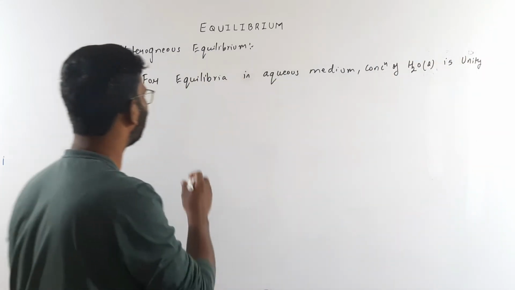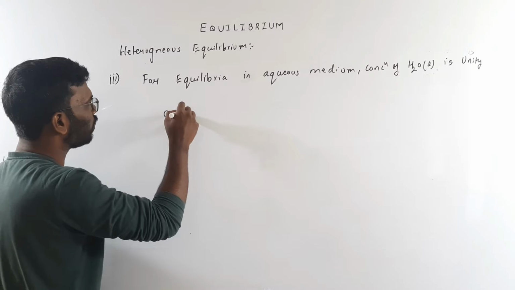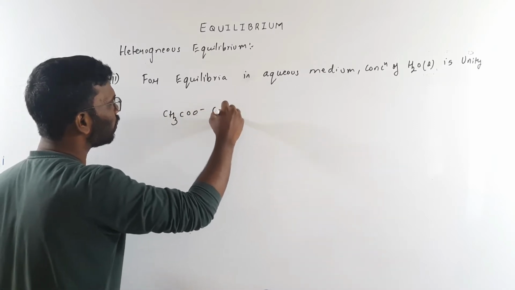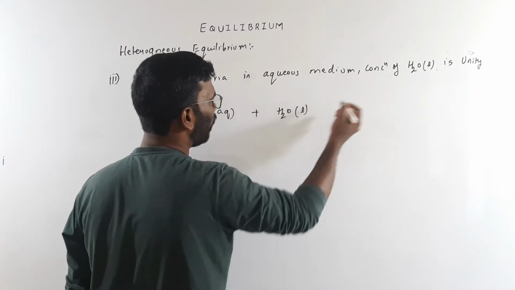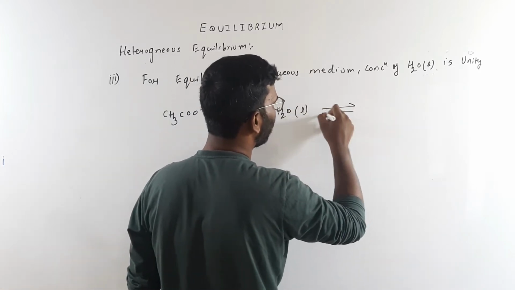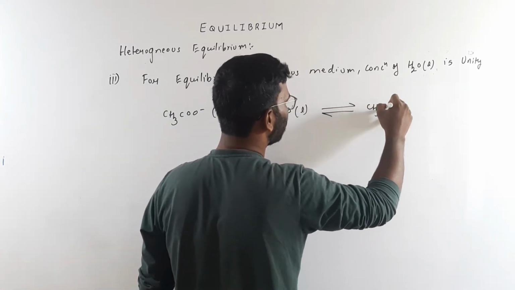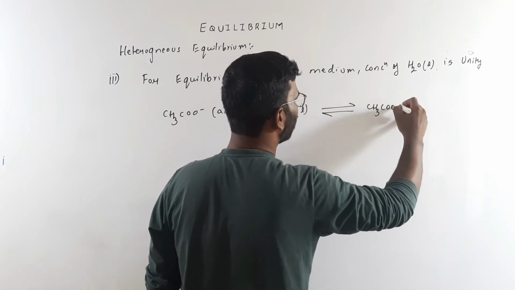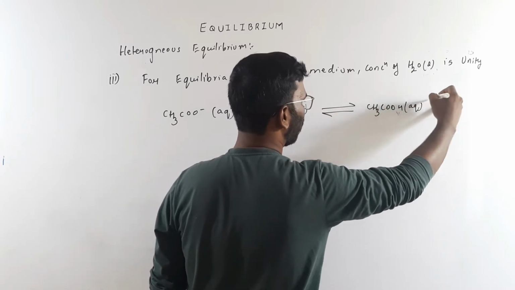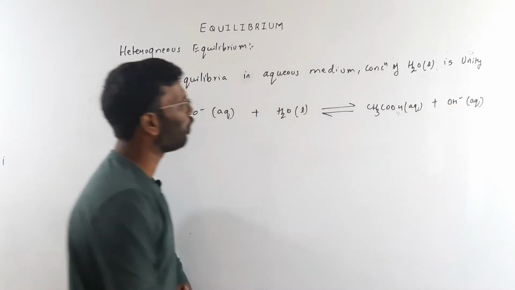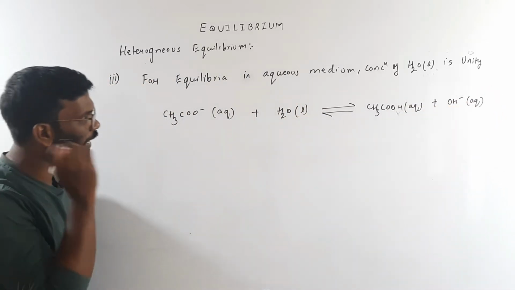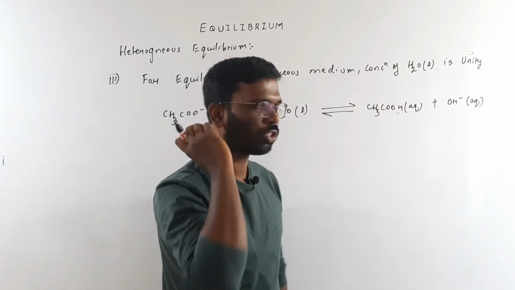Let's take this example: aqueous CH3COO minus, dissolved in water, liquid, gives acetic acid, CH3COOH aqueous, plus OH minus aqueous. This is what we are getting. Now, for equilibrium in aqueous medium, the concentration of H2O is unity.